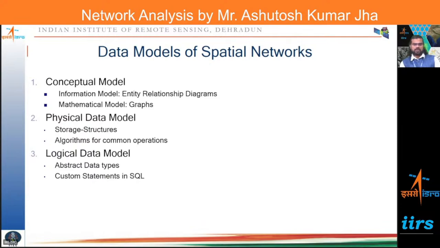Then we can store it in some kind of data storage, server or databases, so that we can carry out all the operations we need. To build these conceptual or physical models, there is always a logical data model. It helps us to build such networks.